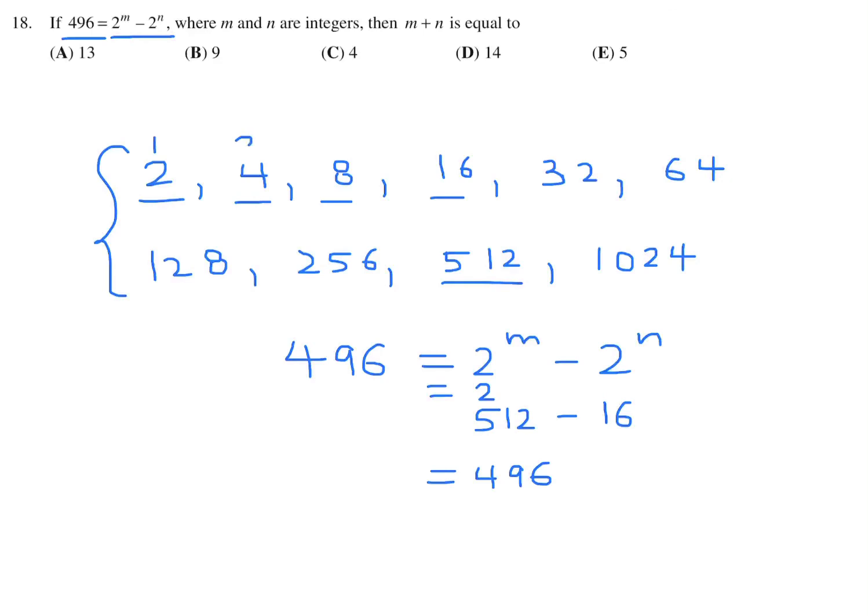Well, it was 1, 2, 3, 4, 5, 6, 7, 8, 9. 2 to the power of 9 is 512. And then what about 16? Well, that's 2 to the power of 4. Like that. Right? So that means my m is 9 and my n is 4. So m plus n is 9 plus 4, which is 13. So number 18, the answer is A.